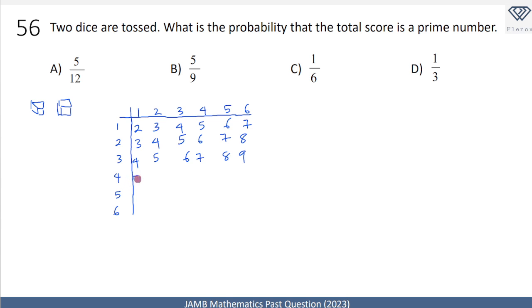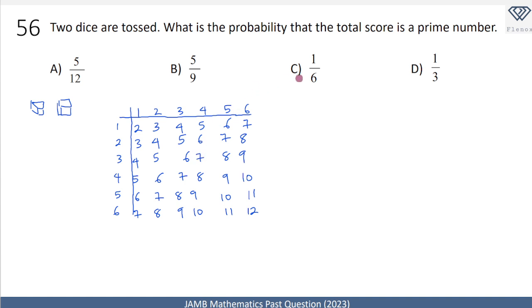This becomes 5, 6, 7, 8, 9, and 10. Then 6, 7, 8, 9, 10, and 11. Then 7, 8, 9, 10, 11, and 12. So these are all the sums that can possibly come up when we toss 2 dice.